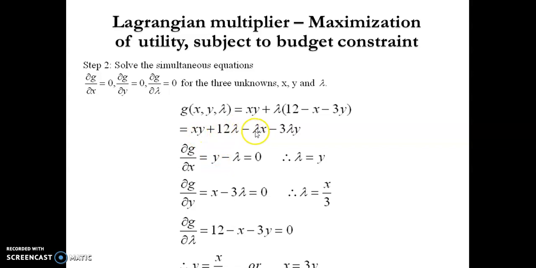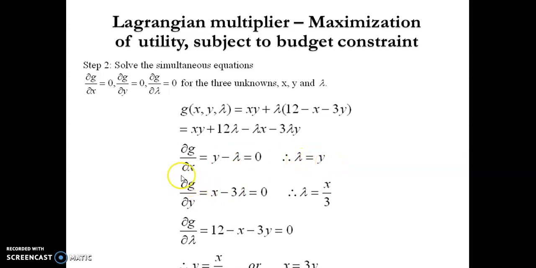Here I'm just left with minus lambda, and there is no x over there to differentiate. So my first order partial derivative with respect to x just leaves me with y minus lambda, and you can set it equal to 0. By rearranging, we have lambda is equal to y.